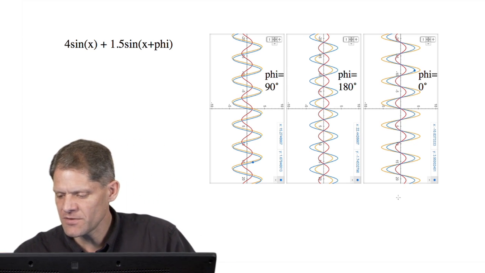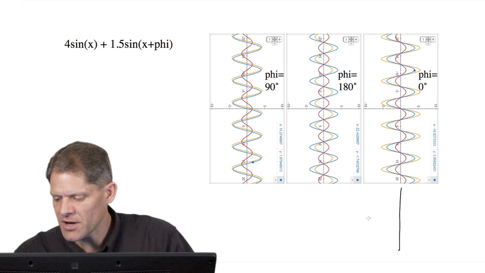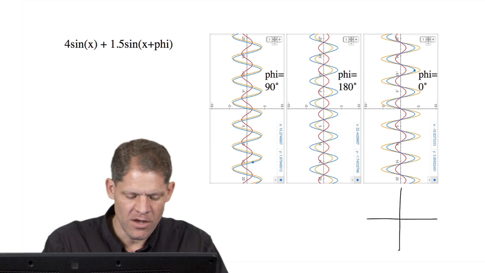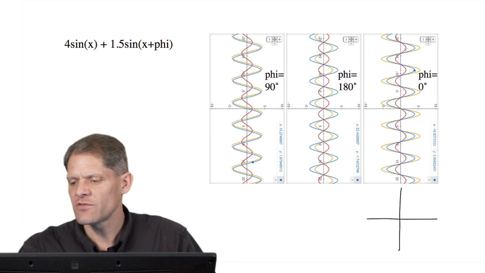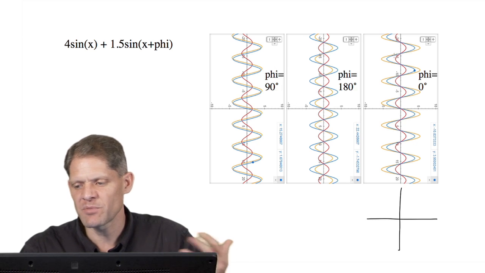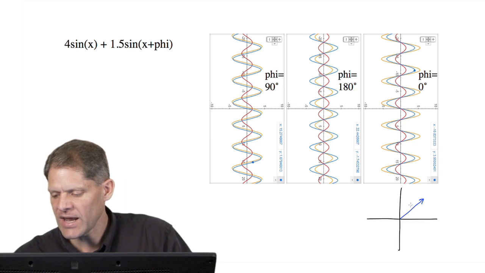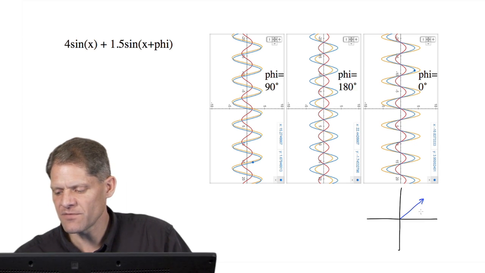Now, if we were to draw this situation with an Argand diagram, with the real and imaginary axes, we might represent this blue electron wave at some particular position where it has a particular phase as a vector here. It has an amplitude and it has a particular phase.